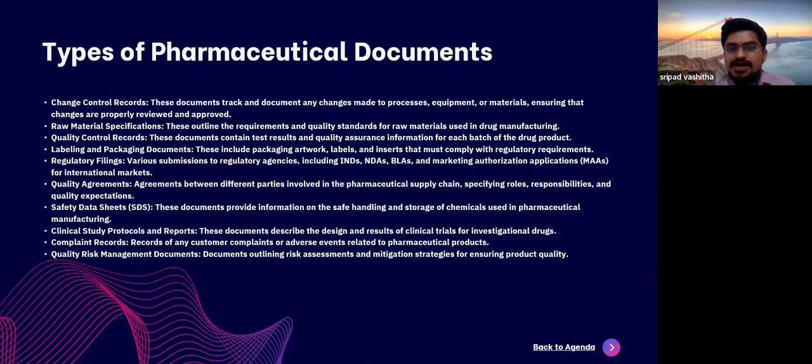Yeah, safety data sheets. Why do you need safety data sheets? If you are shipping any pharmaceutical equipment or pharmaceutical product, or it could be API or even the intermediary, if you are shipping it through airways or by road, you need a data sheet. If it is not there, it will not move from any of the ports.